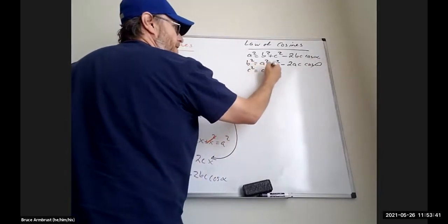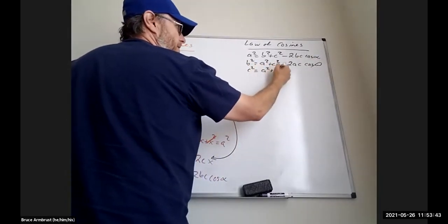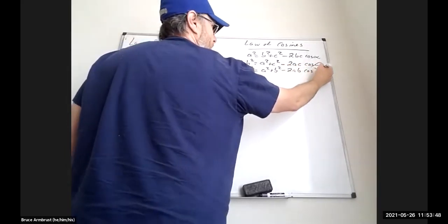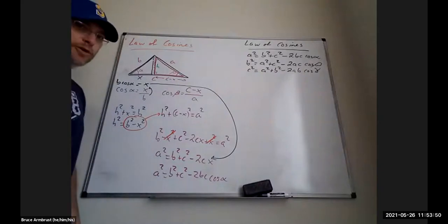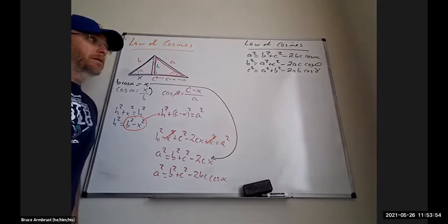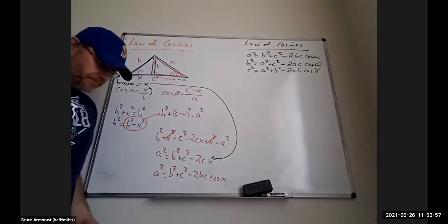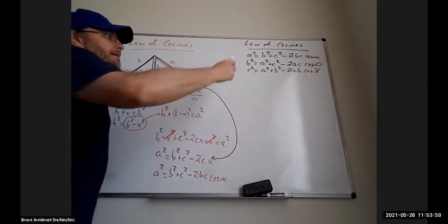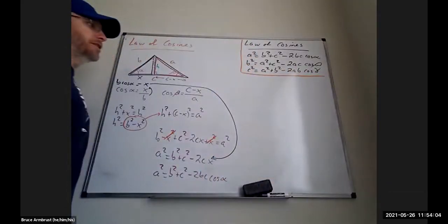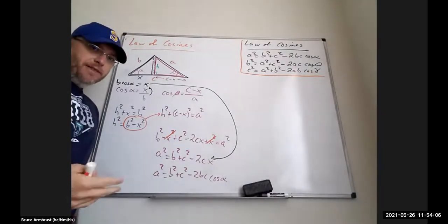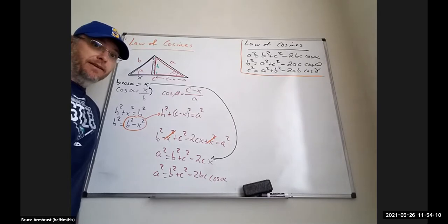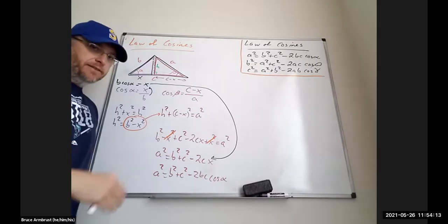And then the last one is c squared equals a squared plus b squared minus 2ab cosine of gamma. So really, we're just changing the names on things, but it's always the same form. So let's put a box around that, because this is what we're going to reference, and this is what we're going to use when we're dealing with the other two cases, when we're dealing with side angle side and side side side.